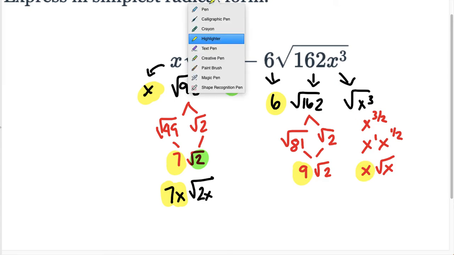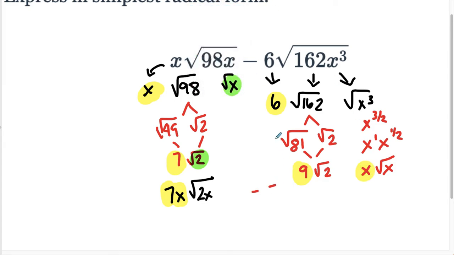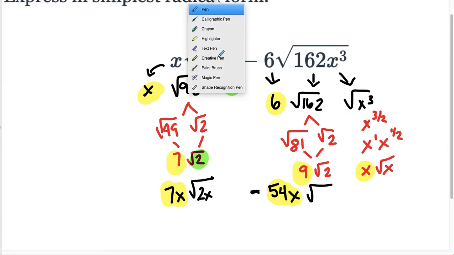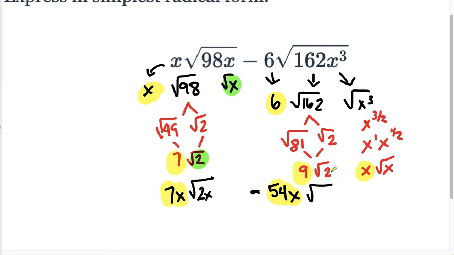So 6 times 9 is 54, so that's minus 54, and then I'm going to bring down the x. That is my new coefficient. The square roots are going to be in green, so the new radicand would be 2x.